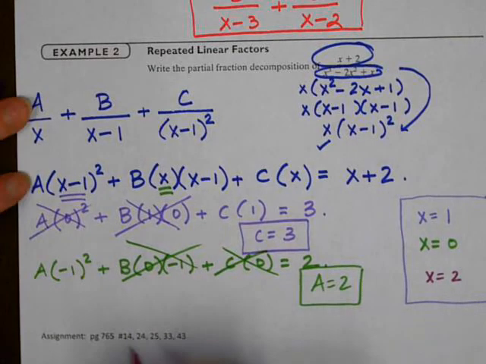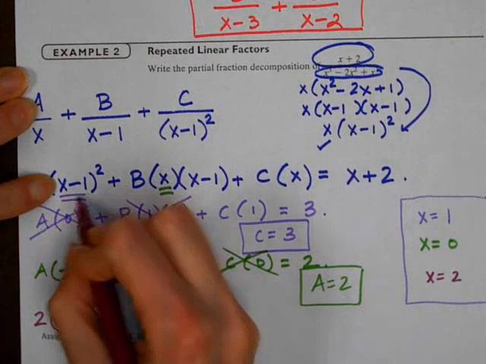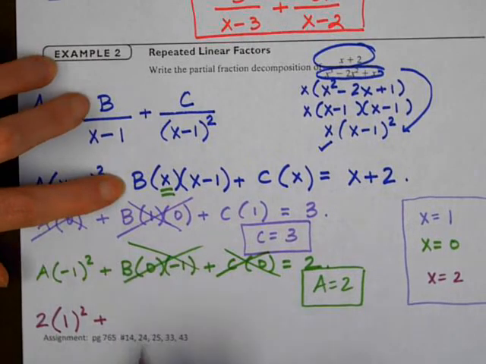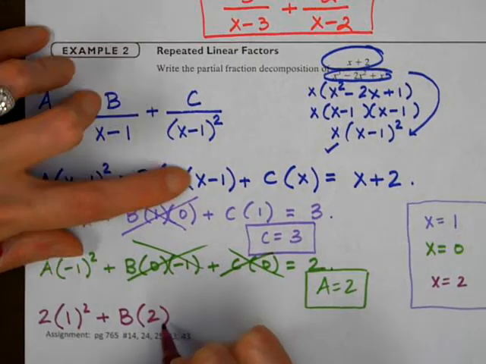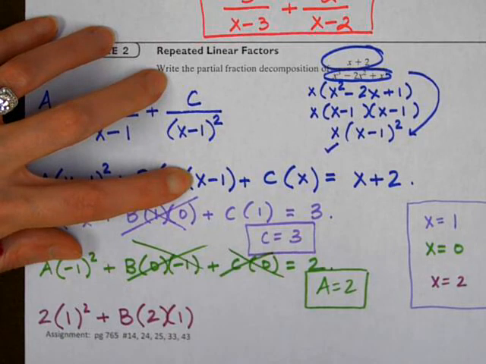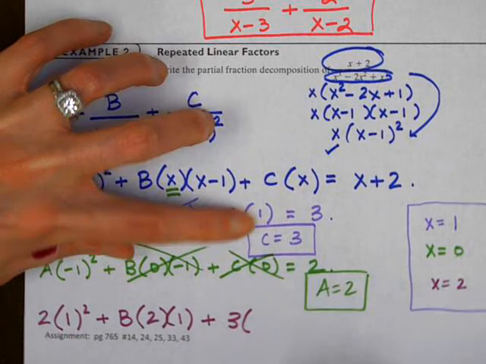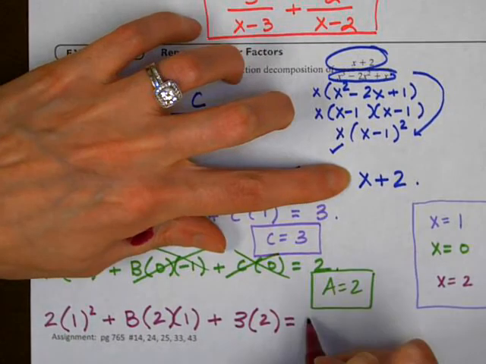All right, so we got a, which is 2, times 2 minus 1, which is 1 squared, plus b is missing, x is 2, times 2 minus 1, which is 1, plus c, which is 3, times x, which is 2, and then 2 plus 2 is 4.